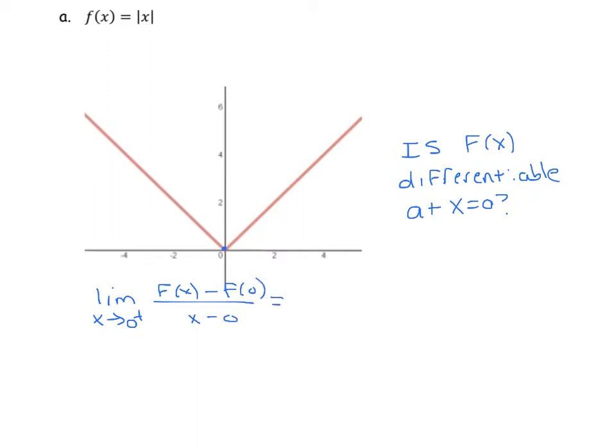But of course, f of x is just absolute value of x, so this ends up being the limit as x goes to 0 of absolute value of x. And f of 0 would be the absolute value of 0, so that's just 0. And then x minus 0 is just x, so you end up getting this. I haven't finished evaluating that. We'll come back to that in a second.